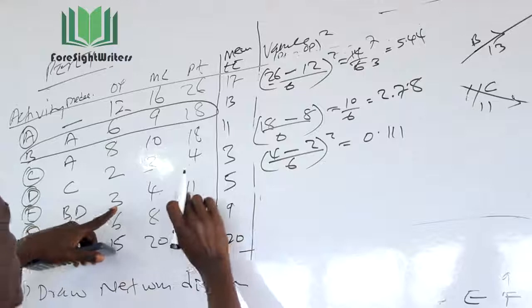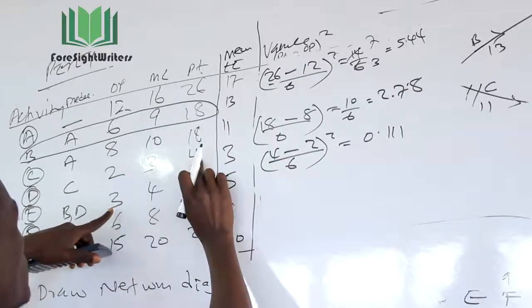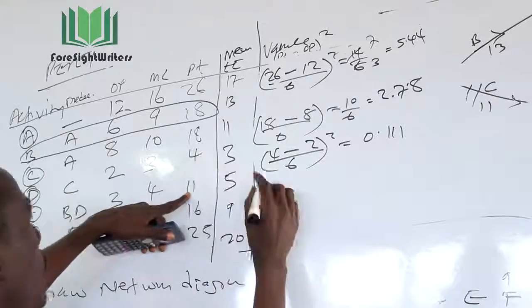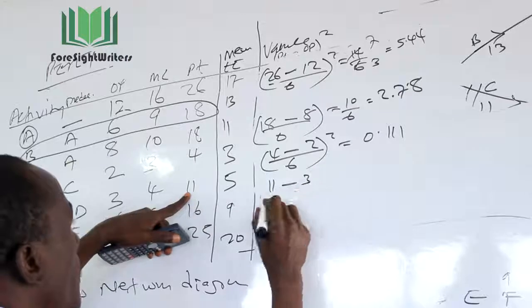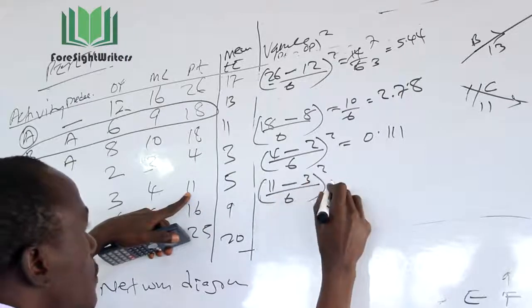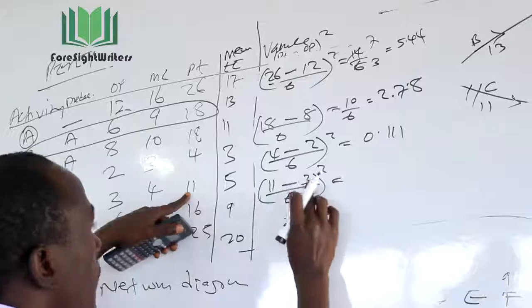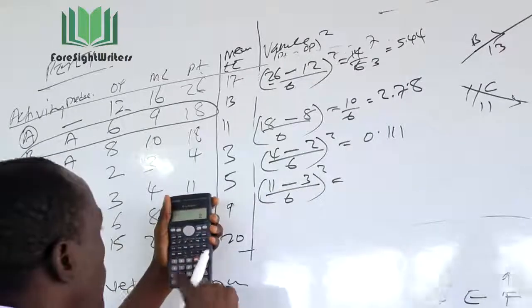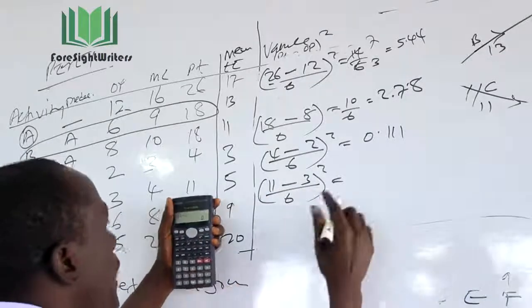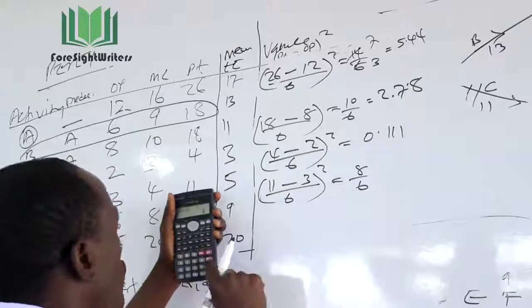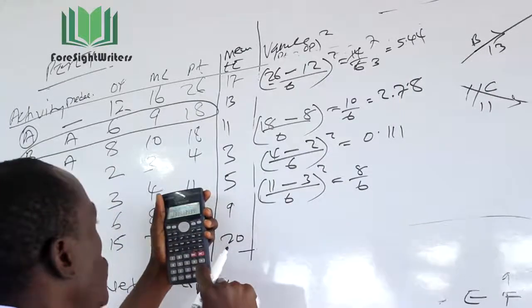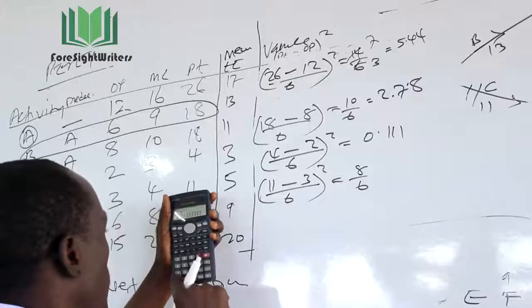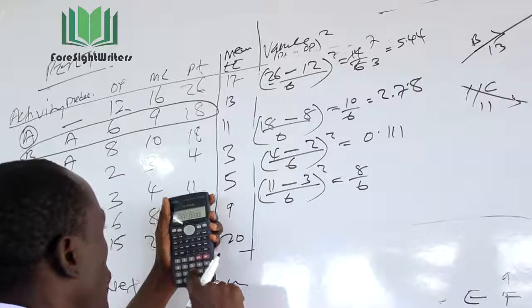So we go to E, which is 11 minus 3 over 6, squared. 11 minus 3, I get 8, so this is 8 over 6, which is 1.33. When we square that, we get 1.78.